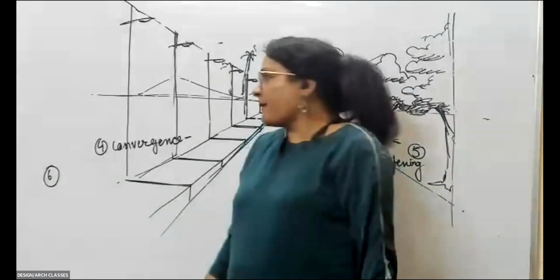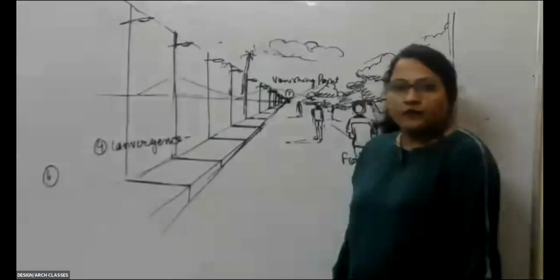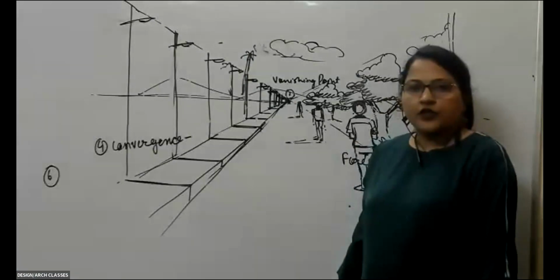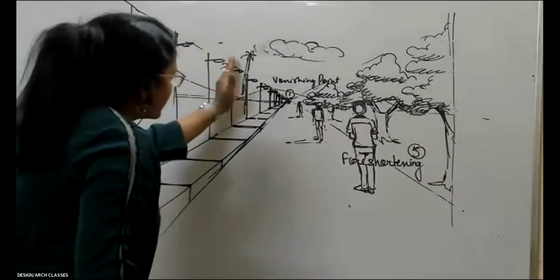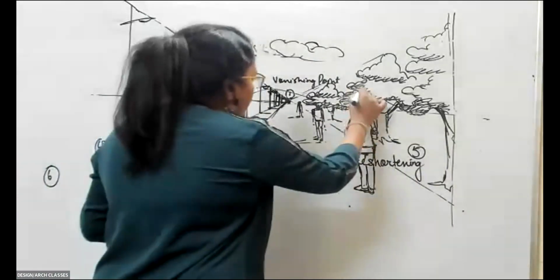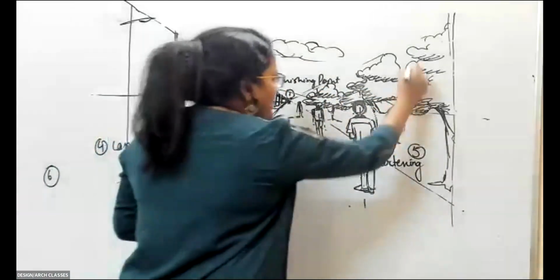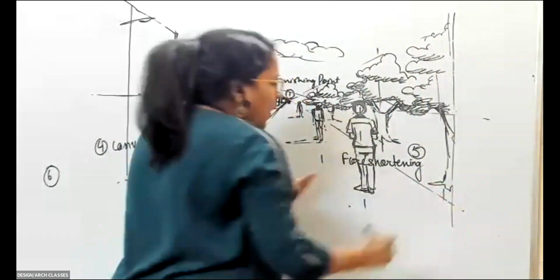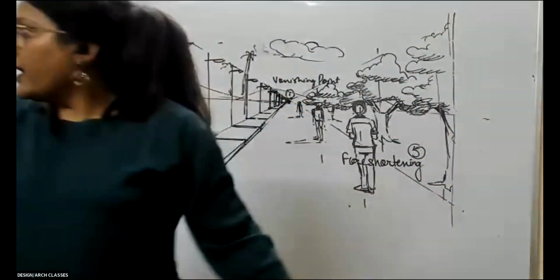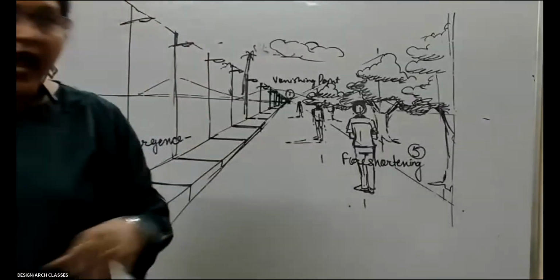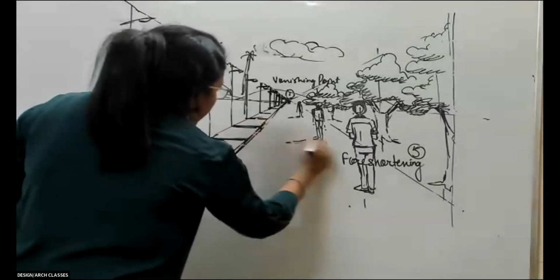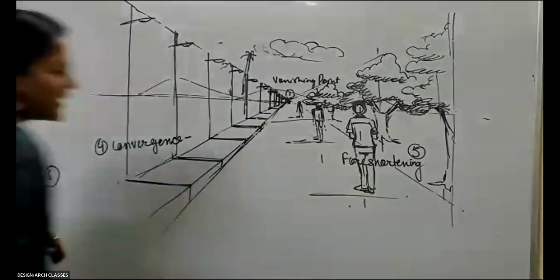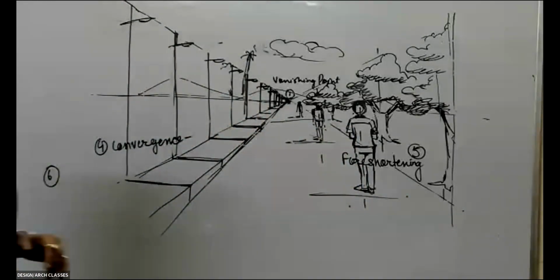In 1 point perspective, generally all vertical, आप check करो, see what am I trying to tell you? All vertical and horizontal, all horizontal lines are parallel to each other.